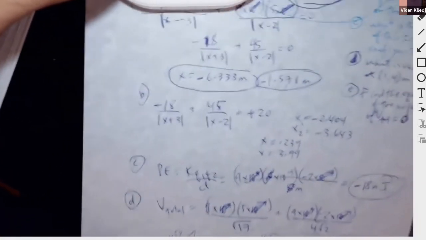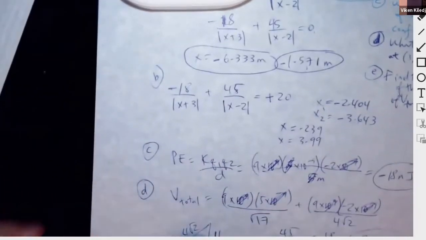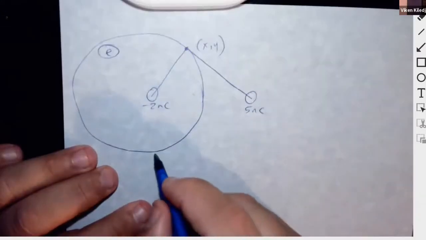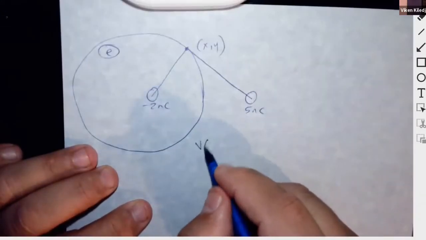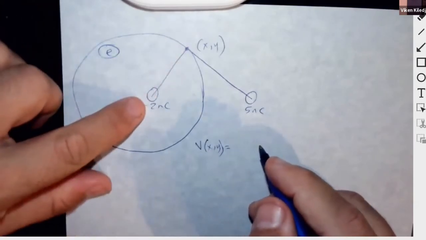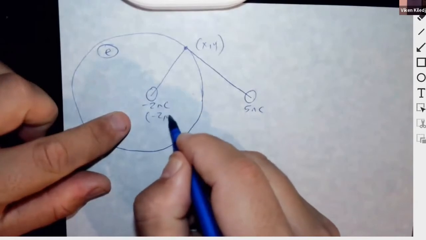So then what do we do? Let me get a fresh paper. The voltage of xy is going to be the distance equation. What was this? -2, 0.